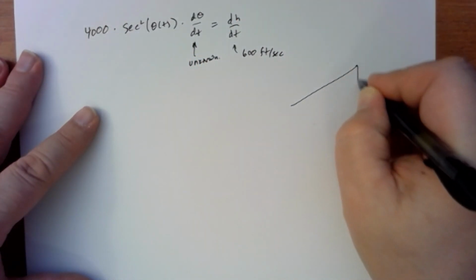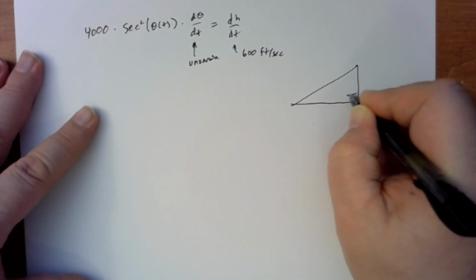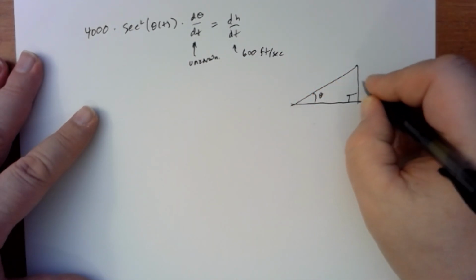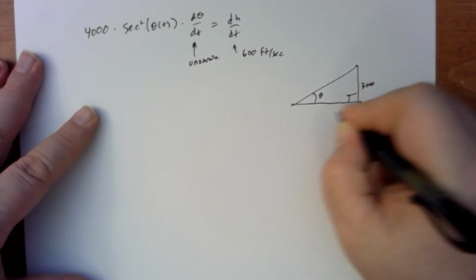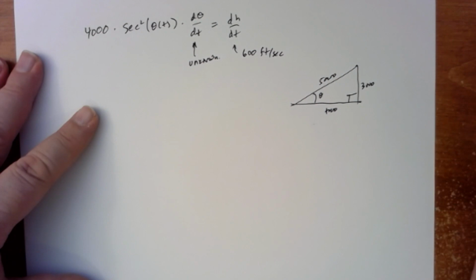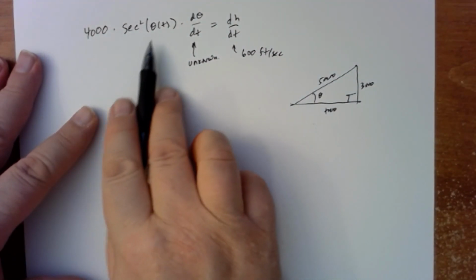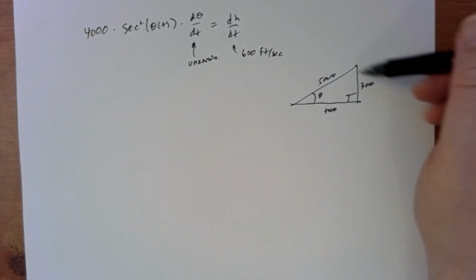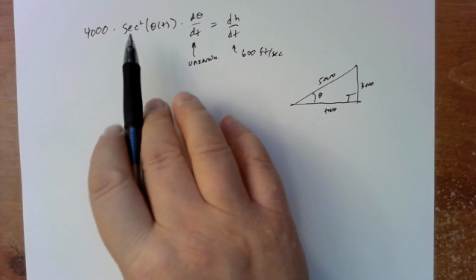And we know that at the point in question, here's our theta, the triangle was 3000, 4000, and 5000. So I don't need to know theta because I know what the values are on my triangle. So what's the secant?